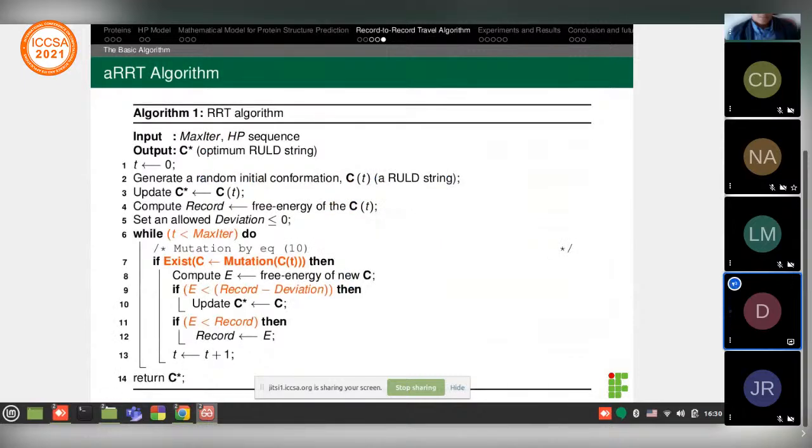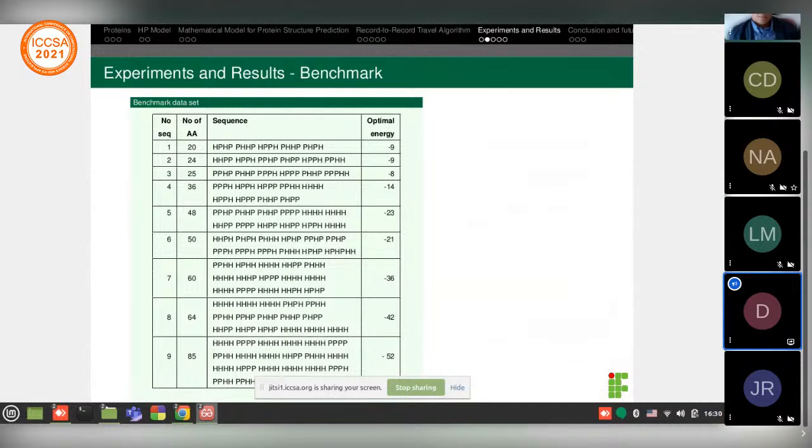Yeah, I talk about the algorithm. Some sequences result after the benchmark.